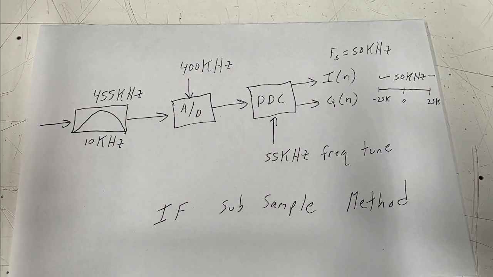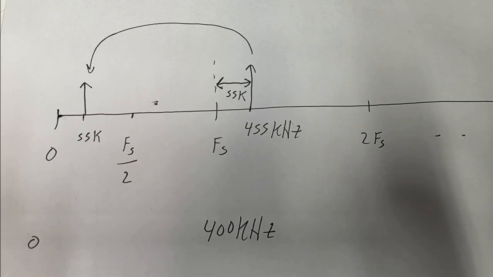And why can we do that? Well, it's getting back to what's called Nyquist zones. So 400 kilohertz is our clock. We have 0, 400 kilohertz, 2Fs, all the way up. And we can see that 455 kilohertz is essentially 55 kilohertz above our sample rate. So what that means is that the 455 kilohertz signal will alias down to 55 kilohertz.